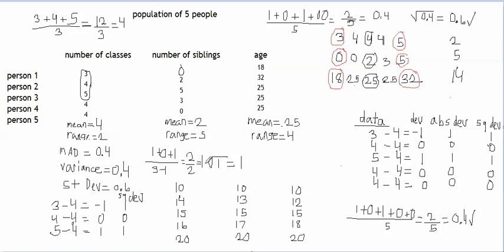And if you take the square root of the sample variance, you get a sample standard deviation. All of these values that we've talked about are meant to be measuring the spread of the data. The mean absolute deviation is one approach to measuring the spread of the data. The variance and standard deviation are another approach.